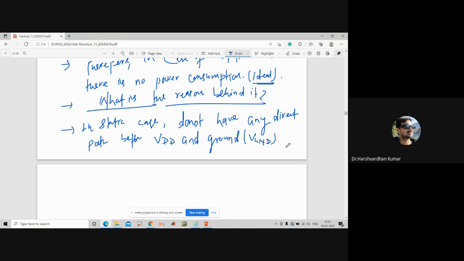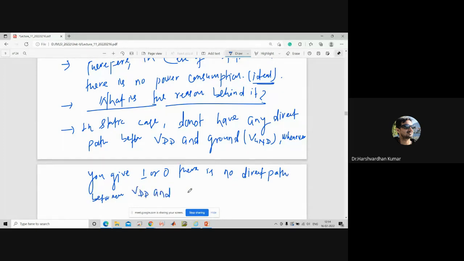Whenever you give, let us say, logic 1 or 0, there is no direct path between VDD and ground, right?